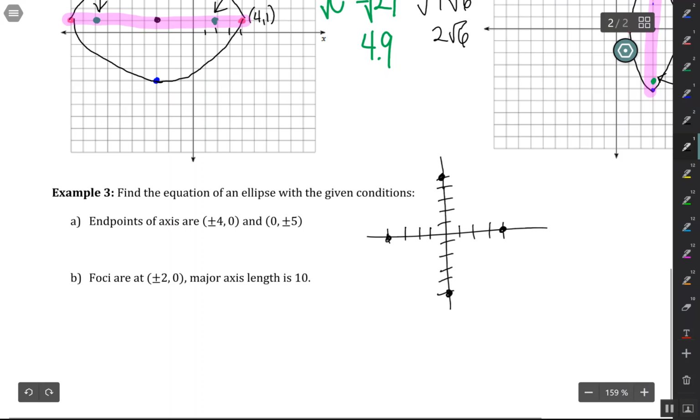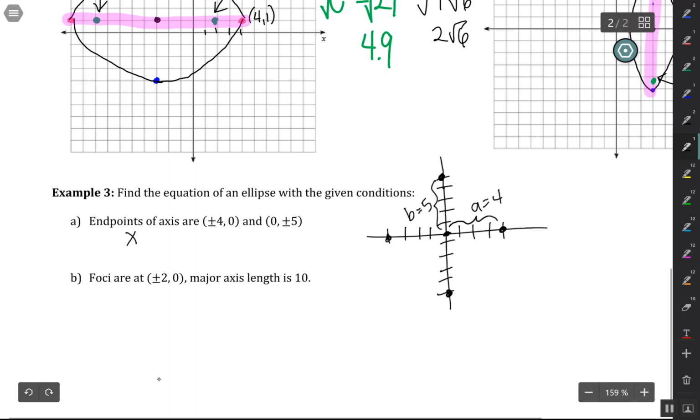So this is a pretty simple case. It's almost circular because I didn't do a very good graph, but we can see A is 4, and B is 5. We can also see it's centered at the origin.